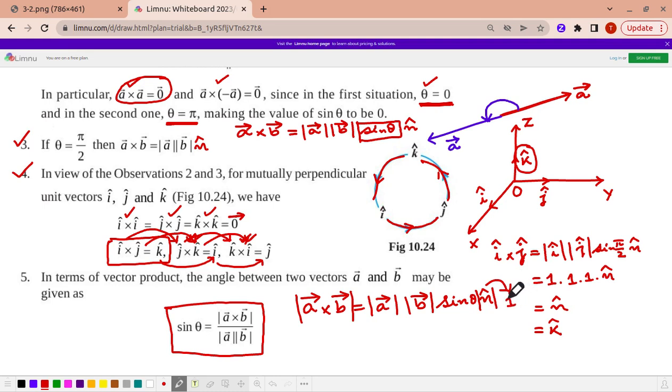The magnitude of a unit vector is 1. So then we will have sin theta equal to mod of a cross b by mod a into mod b, which is written here, and I hope you got a very clear idea about the fifth observation. All these observed points you need to remember to solve relevant questions, so better to write them in your notebook as I instructed earlier.